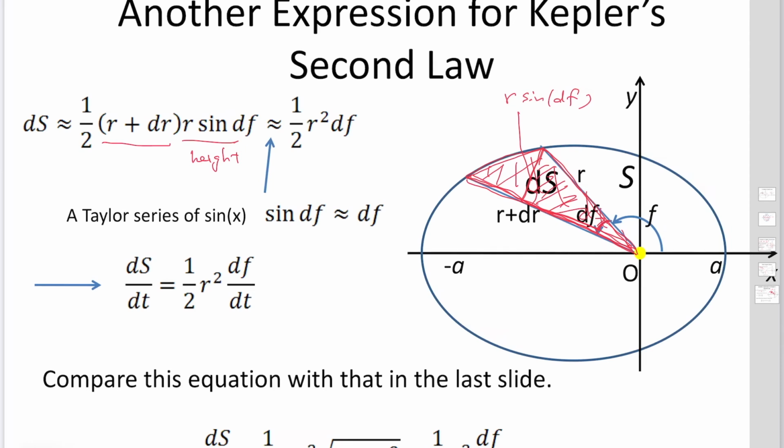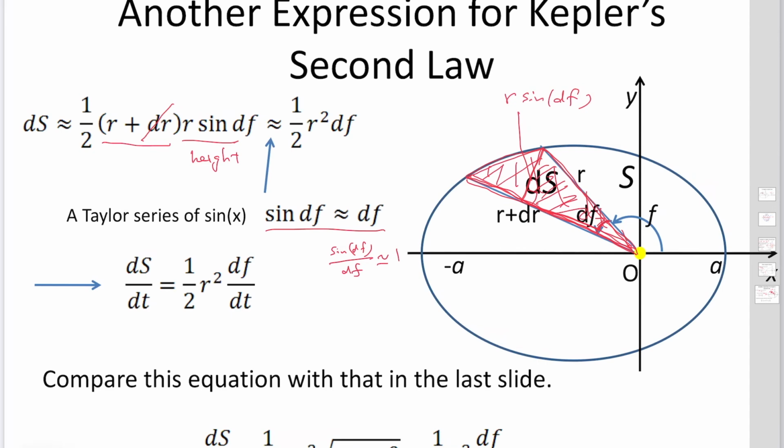And then dr and df are very small, so we would like to ignore these terms. And the sine df: if we consider a small value of df, sine df over df is nearly equal to 1.